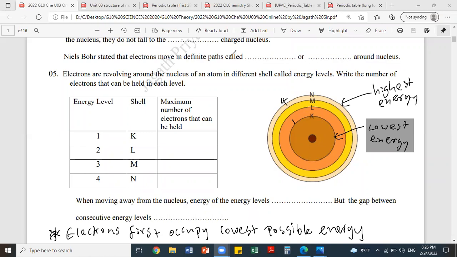Please highlight this, everyone: electrons first occupy the lowest possible energy level before filling into the higher level.